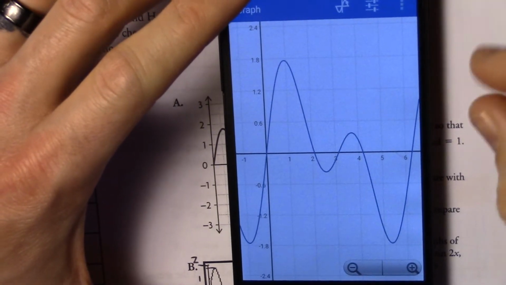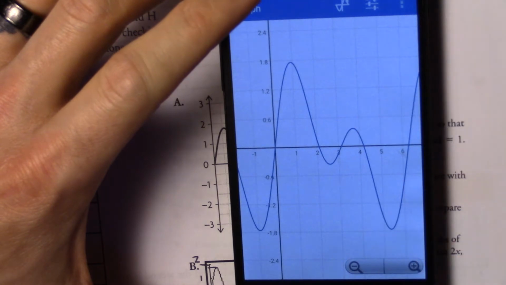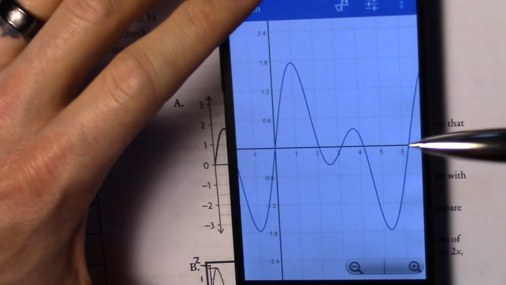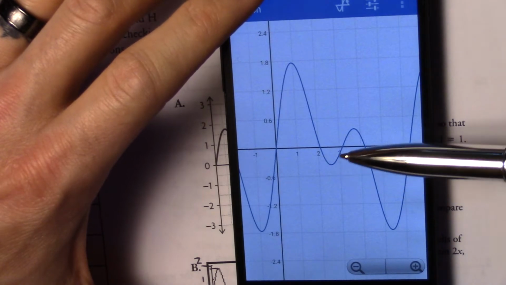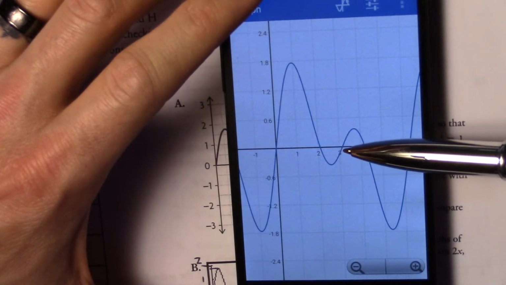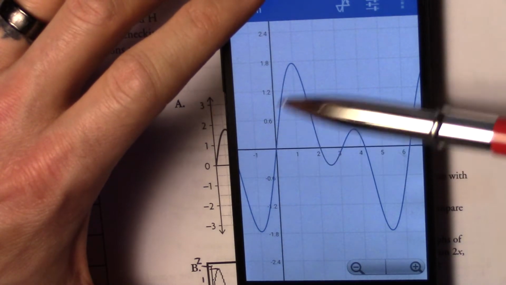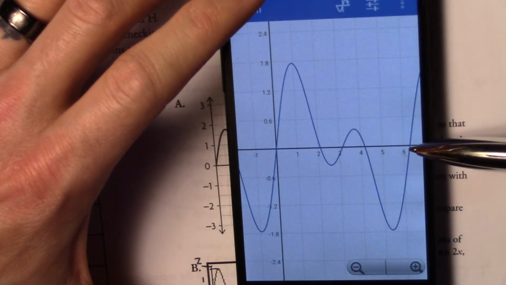Yeah, so this is a little bit better. So remember, in radians, pi is what? What's the value of pi? 3.14. So there's 1 pi right here. So here's 2 pi. That's 6.2. So that is 1 period right there.